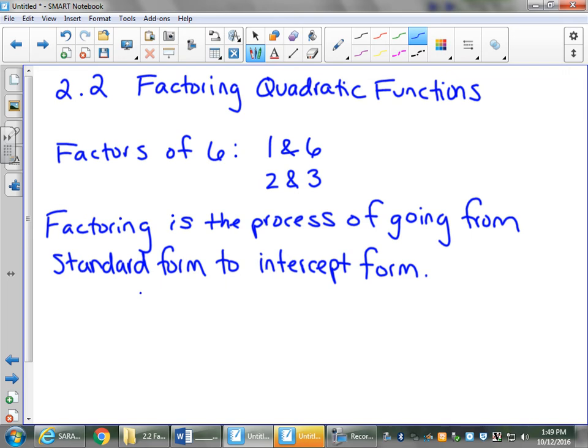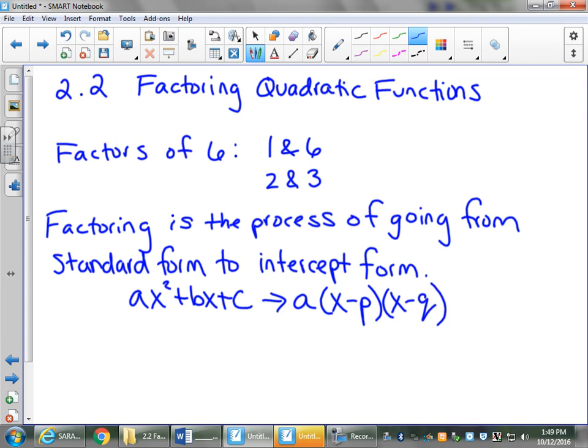Right. So you're going from the ax squared plus bx plus c format into the a times x minus p times x minus q format.